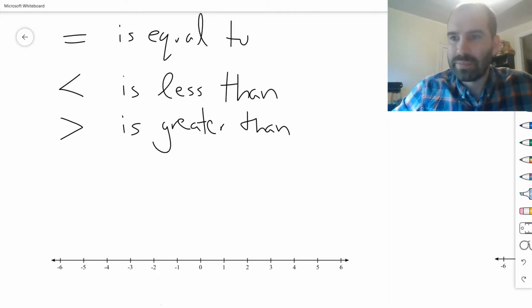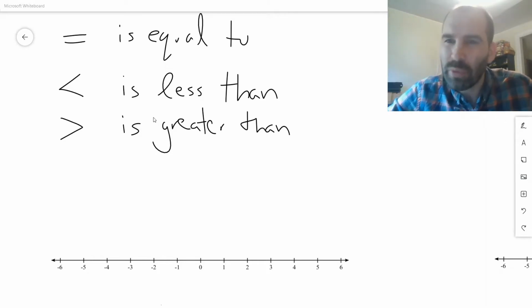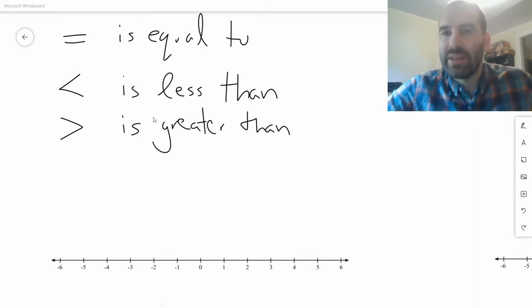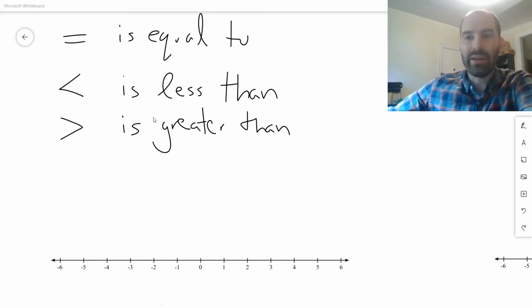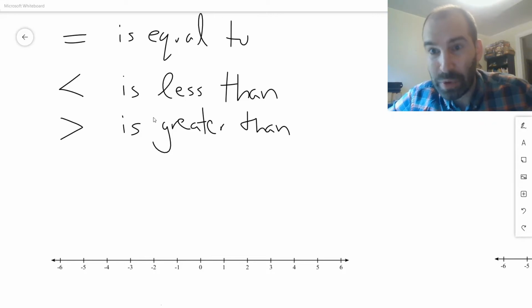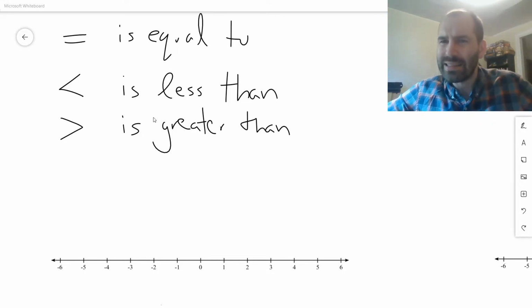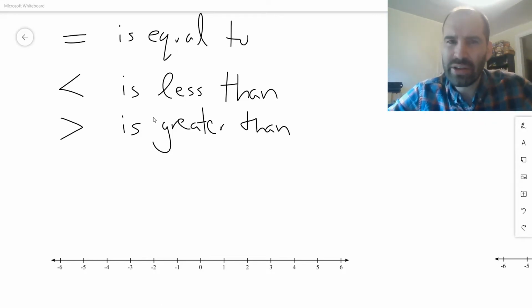And there are some slightly different ones to these. Sometimes we make statements like, I want to earn at least this much, or I want to have no more than this many complaints in a week. So, at least and no more than. These are slightly different from the symbols we've written down already.